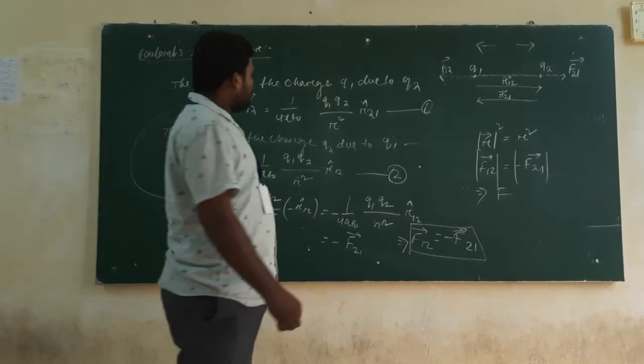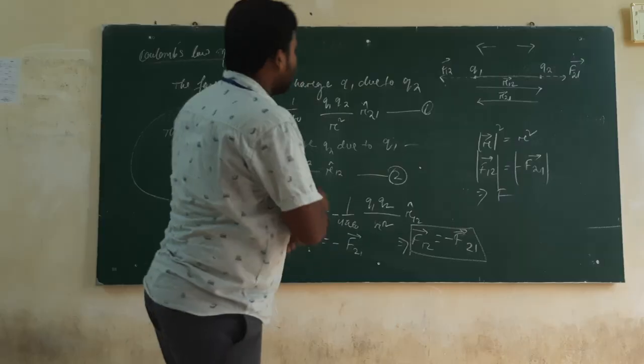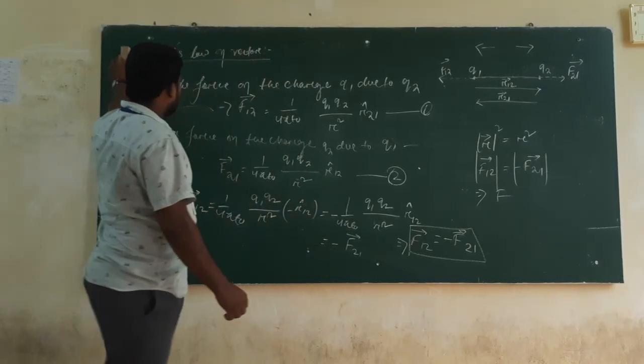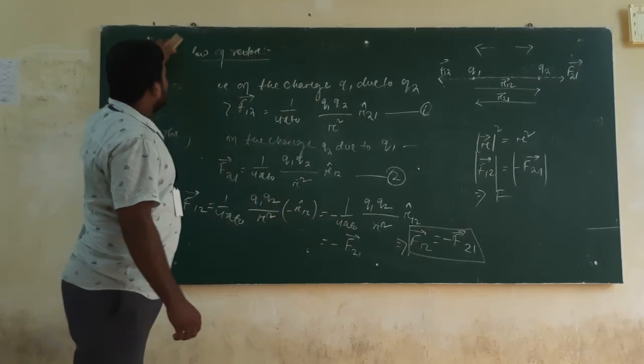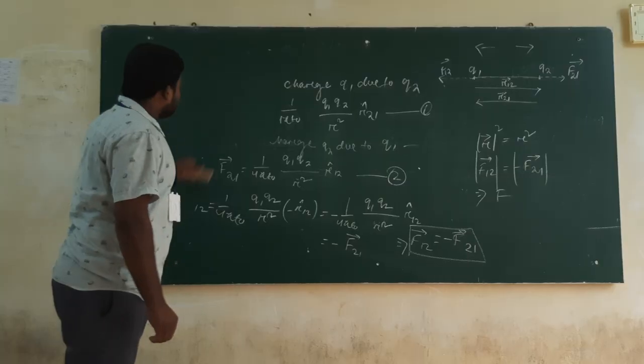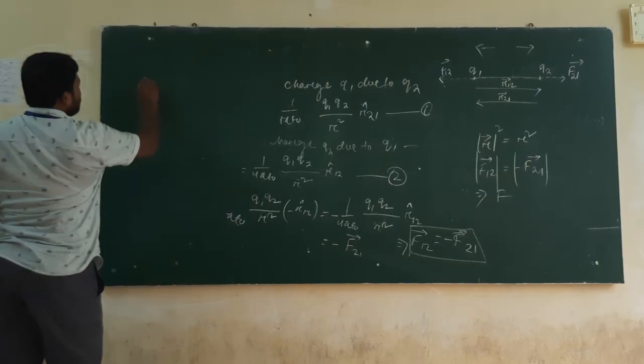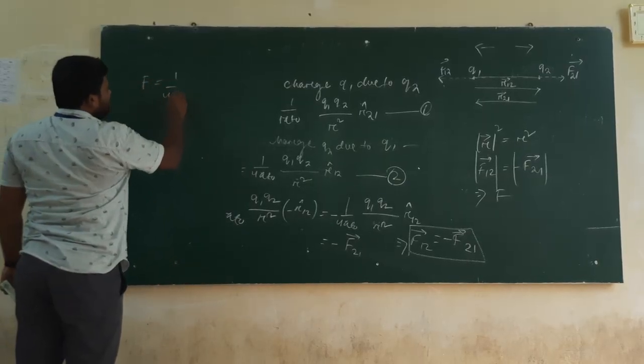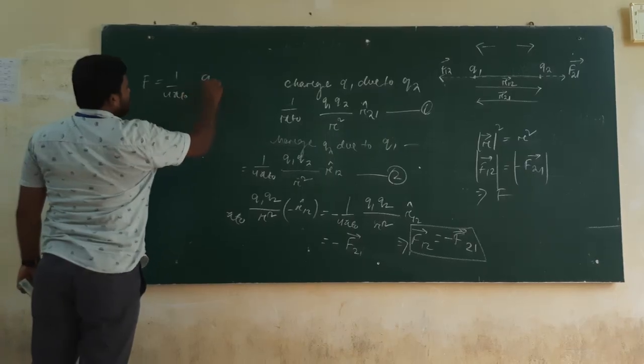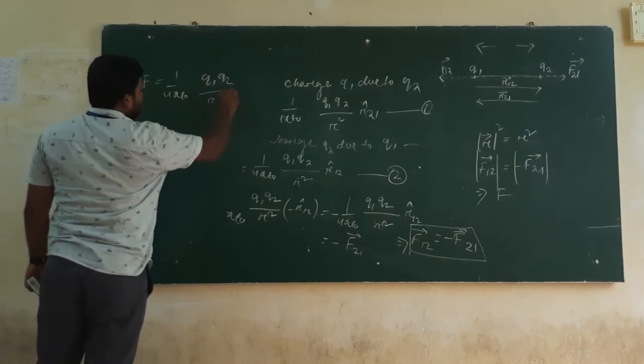Newton. So how do we get the unit of 1 by 4 pi epsilon? Now you know F is equal to 1 by 4 pi epsilon naught Q1 Q2 by R square.